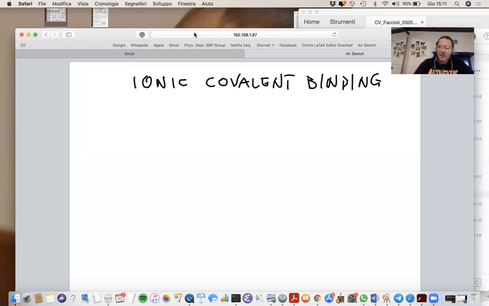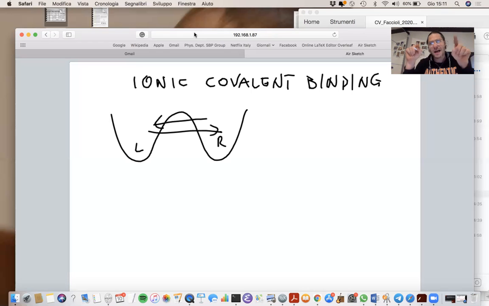We discussed quantum tunneling, if you remember, when we were talking about two-state systems where the particle can be in the left or in the right state and is able to tunnel through the barrier.